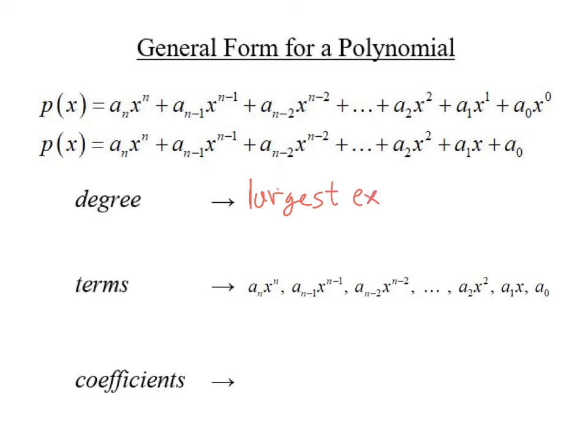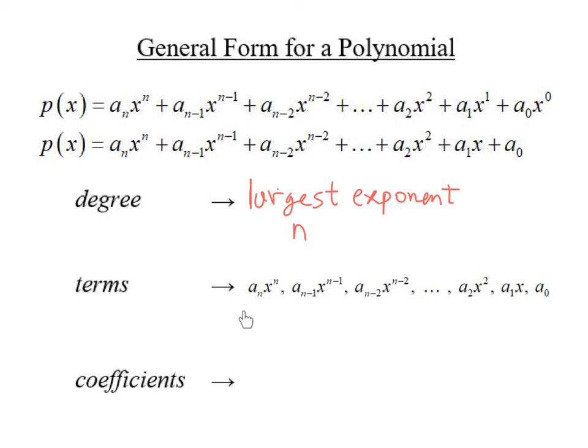And so in our general example here, the degree would just be n, okay, because that would be the largest exponent in our general form. So we might call this an nth degree polynomial. Sometimes we'll say it's a 5th degree, 4th degree.